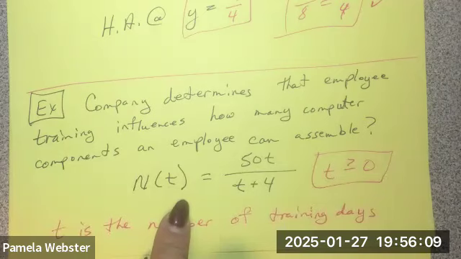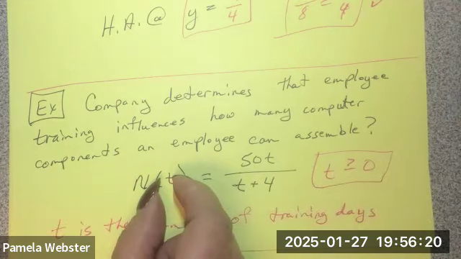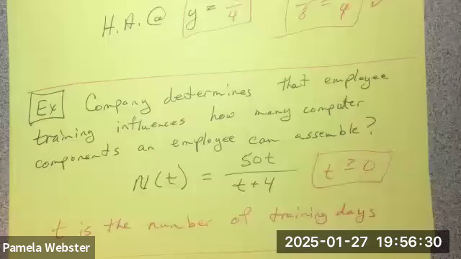If this guy got 5 days of training, then he was able to do that. If this woman got 10 days of training, they were able to do this many. The number of parts you can put together with this many days of training. So somebody's taken care and put together a set of data. That's what this is, which is pretty cool.